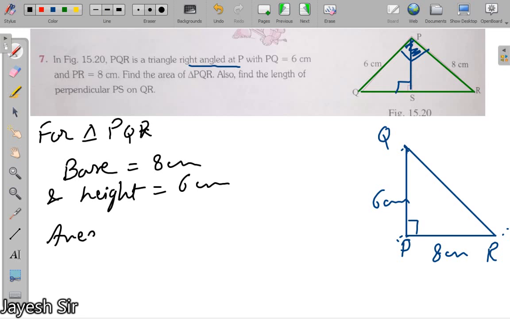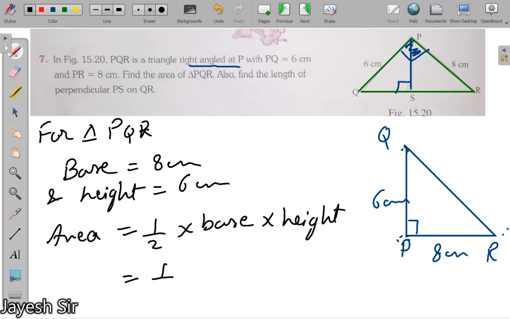Area of triangle is half into base into height. So it will be half into 8 into 6. You will solve this, you will get 24 centimeter square. So that completes the first part of the question.